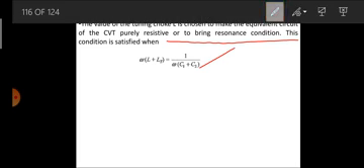This condition is satisfied if this equation is true, where L is the inductance of the choke coil and LT is the equivalent inductance of the transformer referred to the high voltage side. Now this is all about the construction of a CVT.